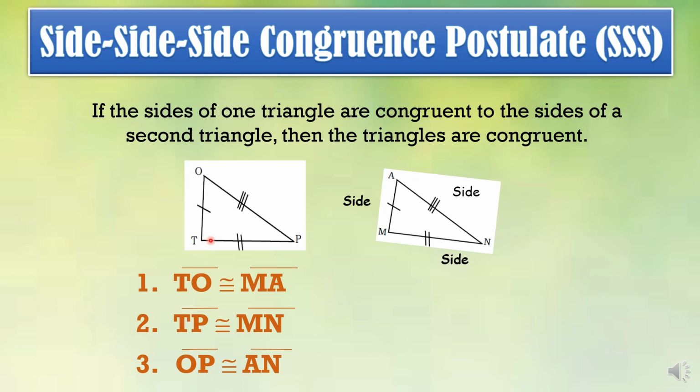Line segment TP is congruent with the line segment MN. Line segment OP is congruent with the line segment AN. Therefore, we can say that triangle TOP is congruent with the triangle MAN by the side congruence postulate.